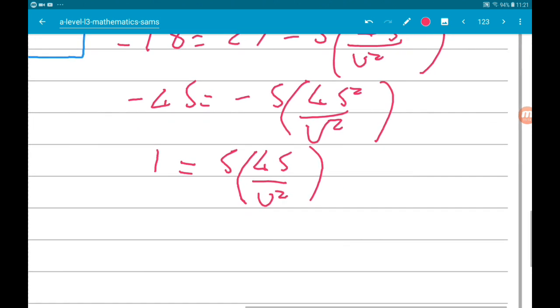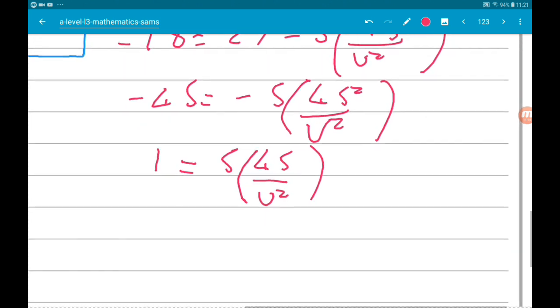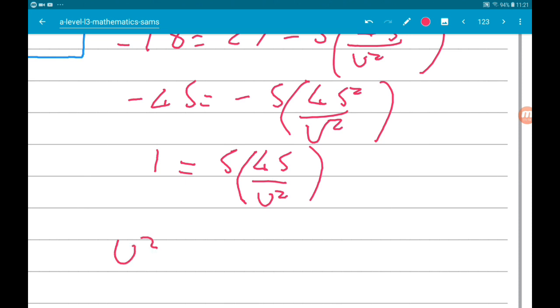Multiply through by u squared. So u squared is 5 times 45, which is 225.